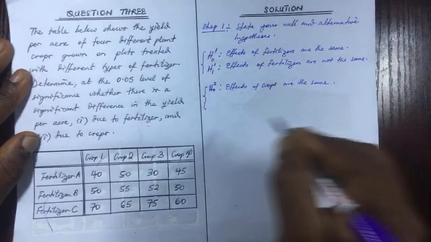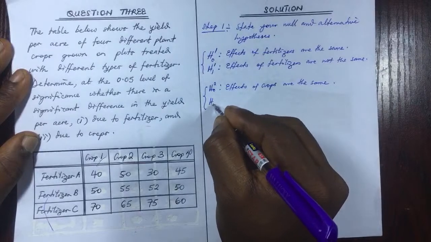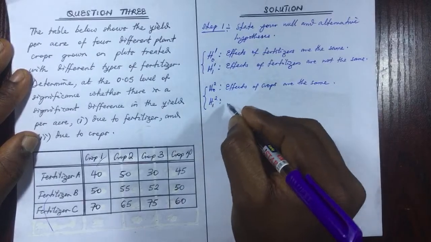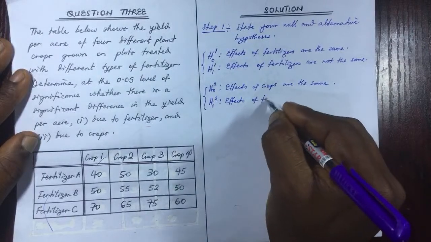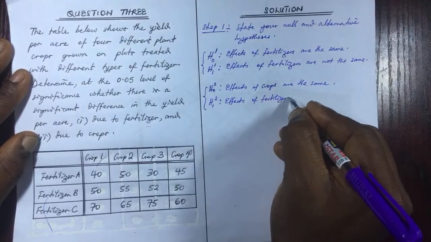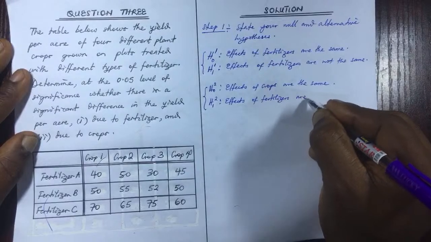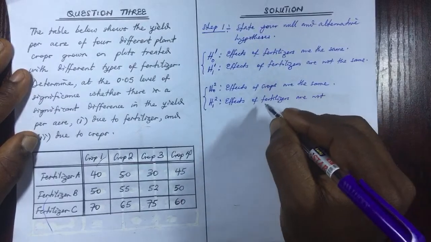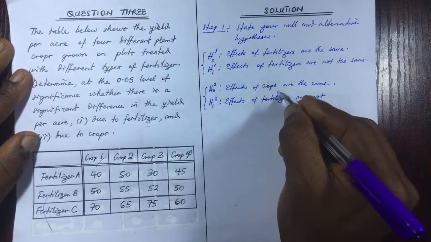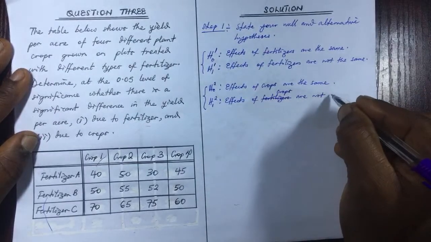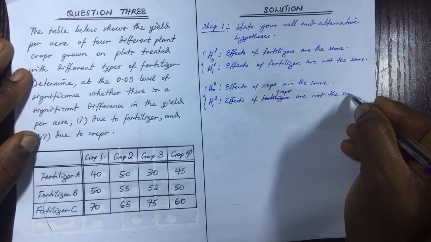While H1 2, the second alternative hypothesis, will state that the effects of crops are not the same.